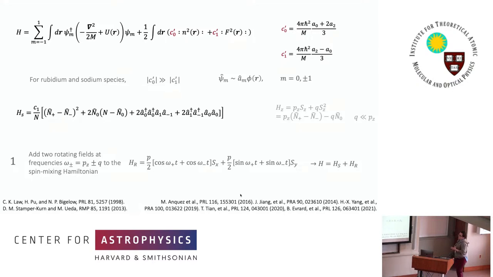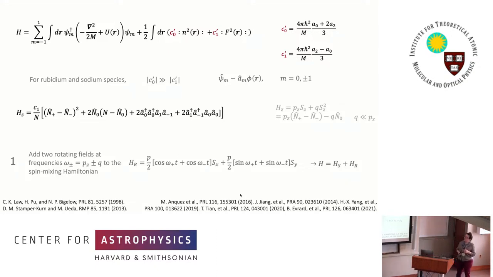I won't get into too many details of how we derive this, but we start with a spin-1 spinor condensate and work in the single mode approximation limit, which basically takes the spatial part out of the Hamiltonian and gives us basically a spin model. It's a spin-1, so 0, 1, minus 1 here basically are the levels of the spin-1 object. This Hamiltonian is actually studied a lot in the literature.